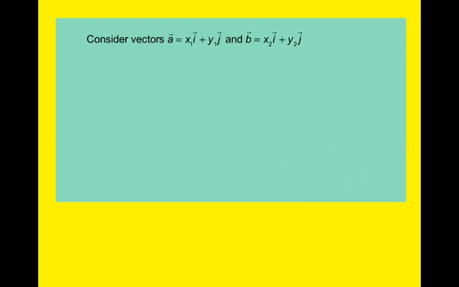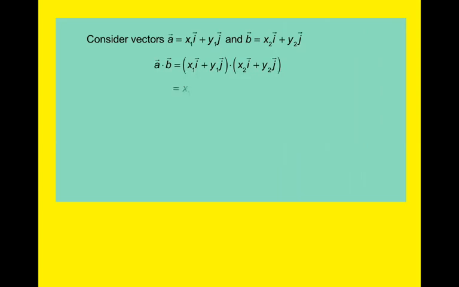If you consider the vectors A, x1i plus y1j, and B, x2i plus y2j, remember these are unit vectors. This is a unit vector 1 unit in length along the x-axis, and this is a unit vector 1 unit in length along the y-axis. Then A dot B would be (x1i plus y1j) dot (x2i plus y2j).